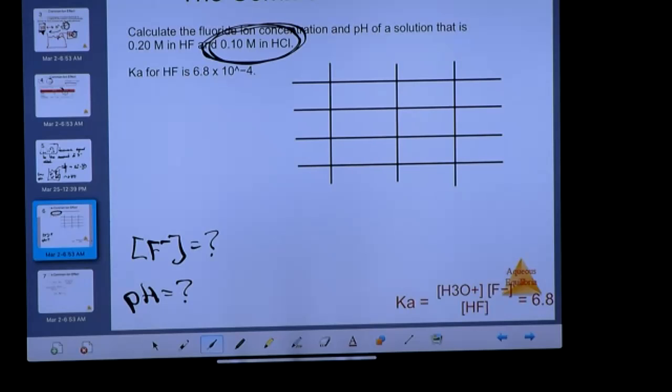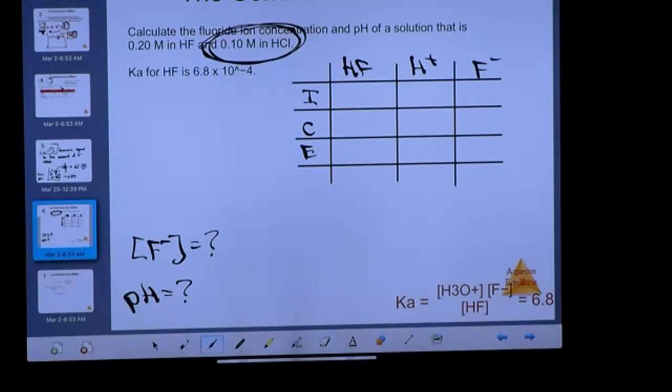Okay, so here we go. I have an ice table here. What order do I even want to do this in? Okay, we're going to go with HF, H plus and F minus.